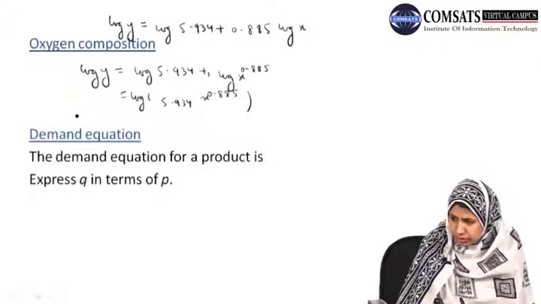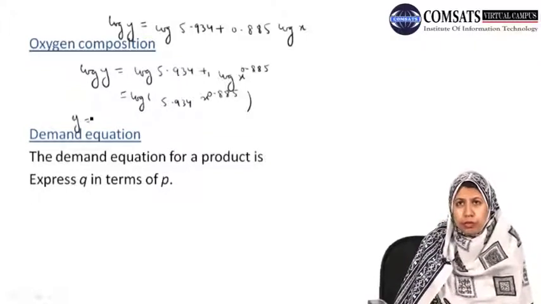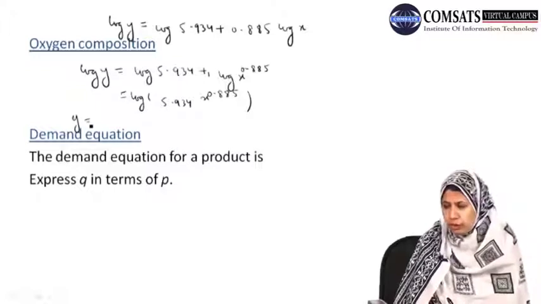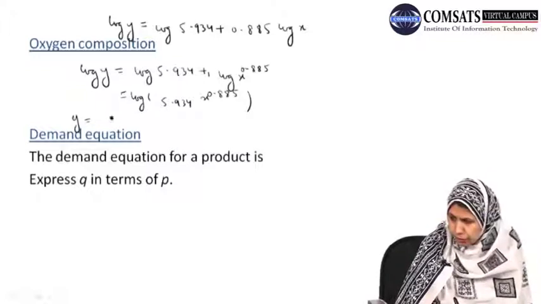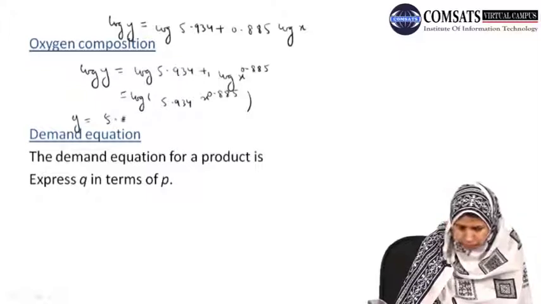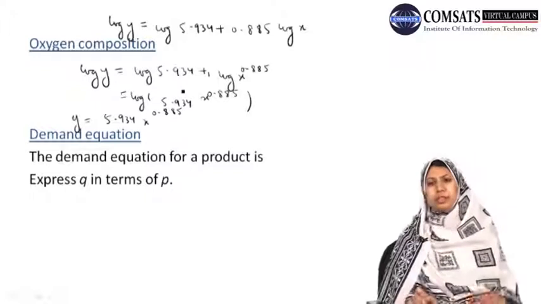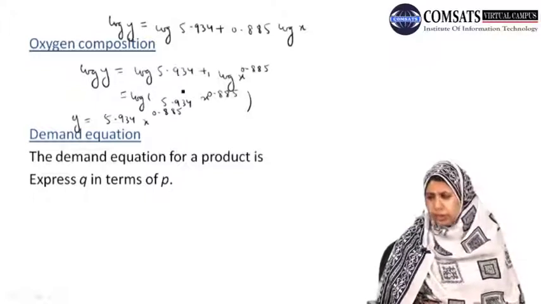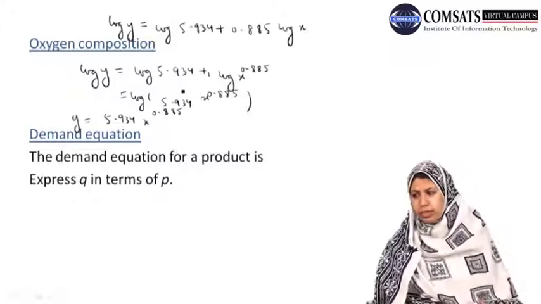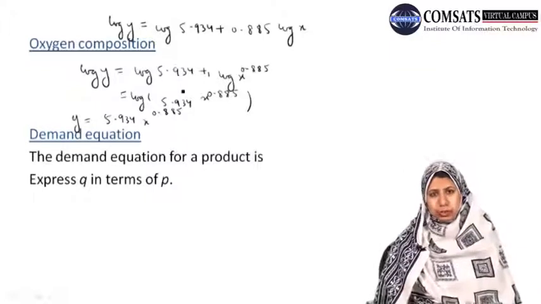So y can be written in terms of x, which is the weight of the animal, as 5.934 into x to the power 0.885. So this is our equation for the unknown variable y when the weight of the animal, which is x, is known.